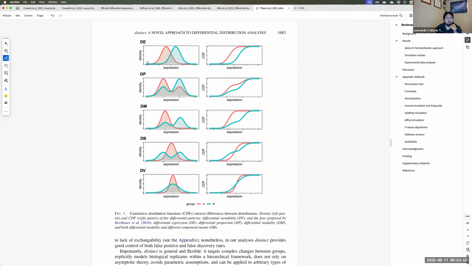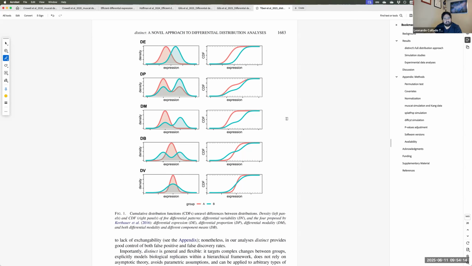where that's like when you start adding all of the points that you've seen so far in the blue line or the red line. And we can see here that differential expression is where the curves are basically the same, but there's an offset. For differential proportion, you see the curve is a little bit flipped, or mirrored, if you want to say that. You can also see that a bit here in this DB scenario.